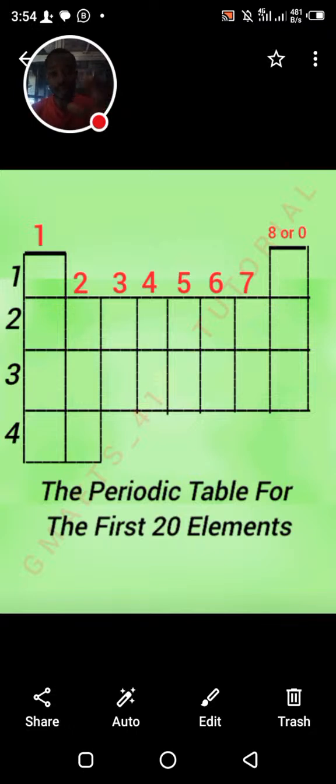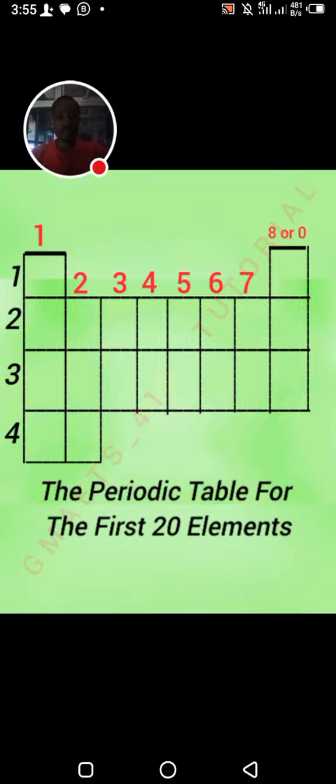It is simply the vertical arrangement of elements in columns. I hope you get that concept. For our first 20 elements analysis, we have 8 groups, starting from group 1, group 2, group 3, group 4, down to group 8 or 0.